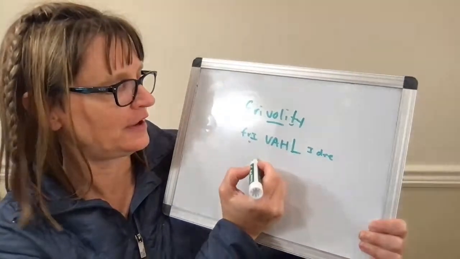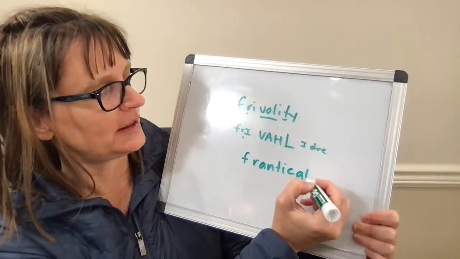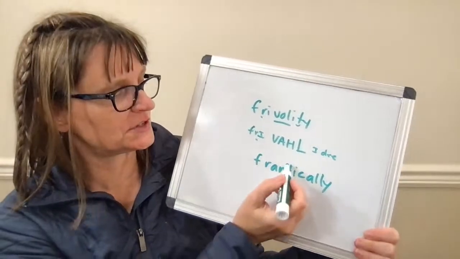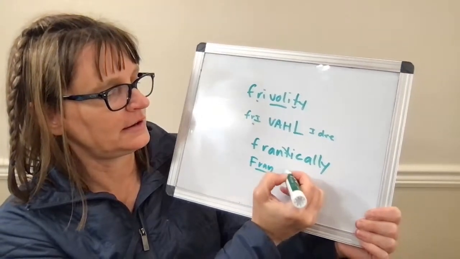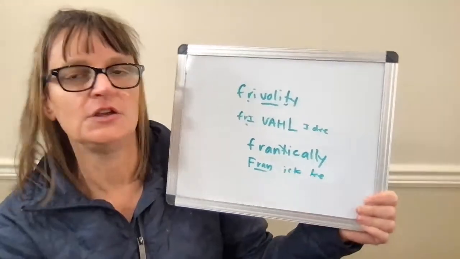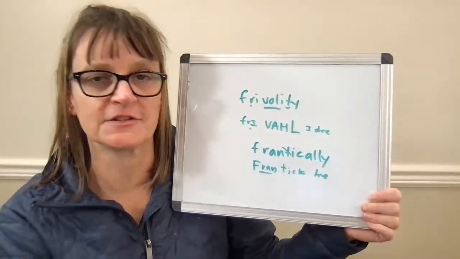And then your other word, frantically. So I just said it the way a lot of Americans say it, which is I left the T out and said it more like frantically. You can say frantically. Just put your T back in there, frantically. That's perfectly correct.